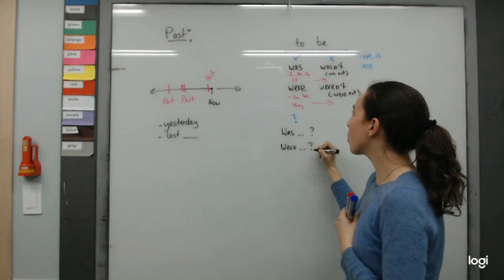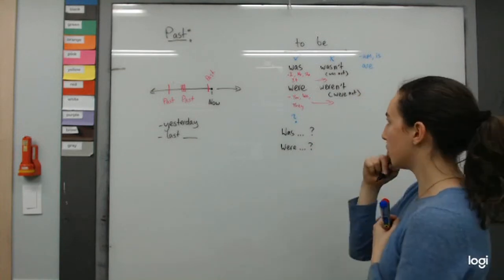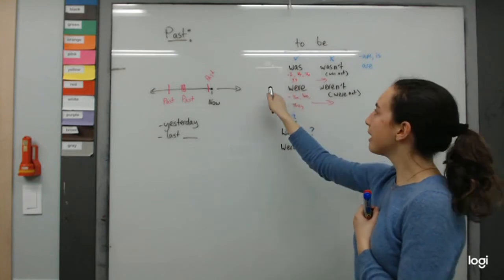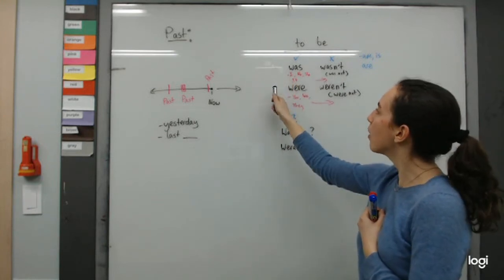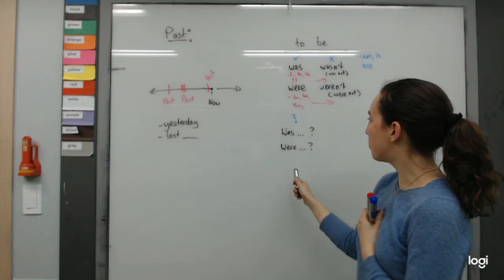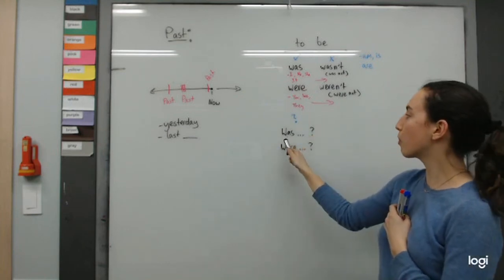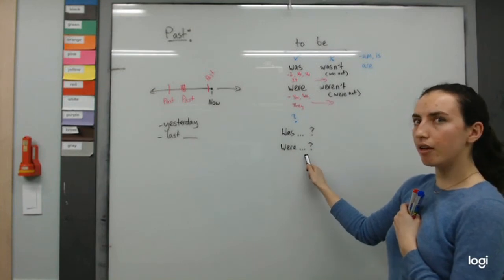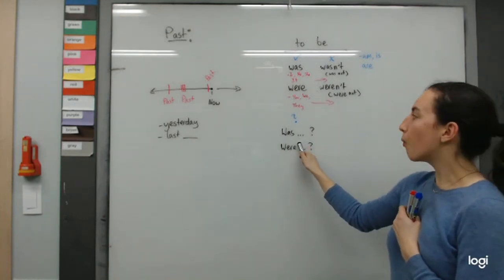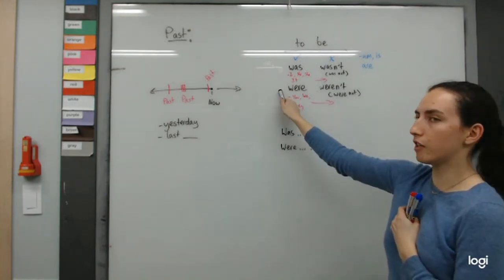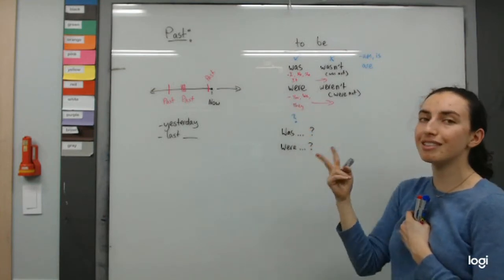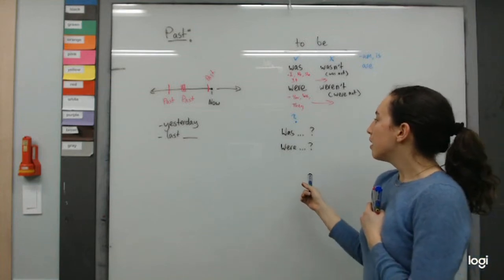Normally we don't start sentences with a verb, we start sentences with a person. I was, he, she was, we were. But for a question, we start with a verb. Was he? Was she? Were we? Was I? We put normally person first, but for a question we change. Put verb first, person second. Okay?